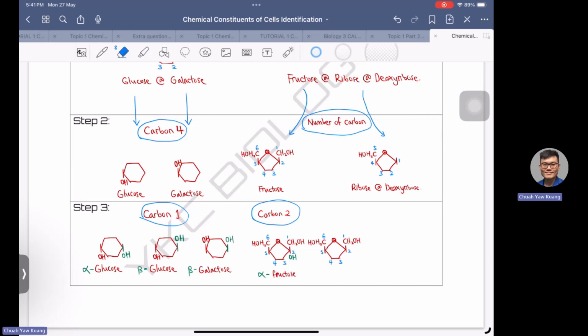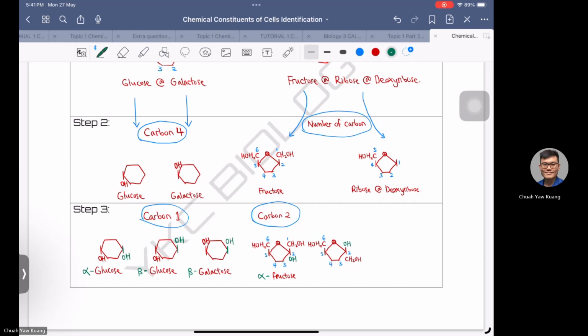And if CH2OH is here, and the OH is on the top plane, then this is a beta fructose. So this is the 3-step to identify the fructose, to identify the alpha or the beta fructose.